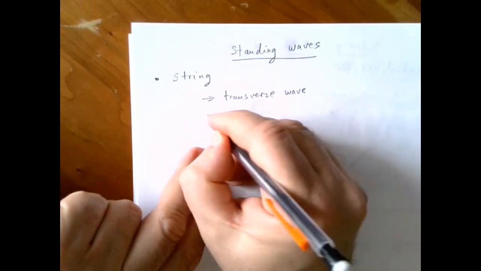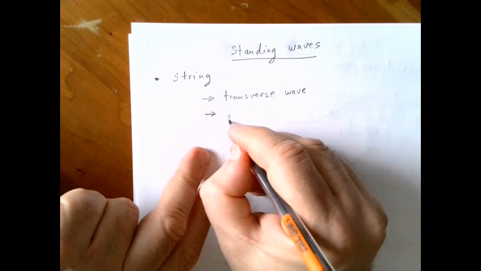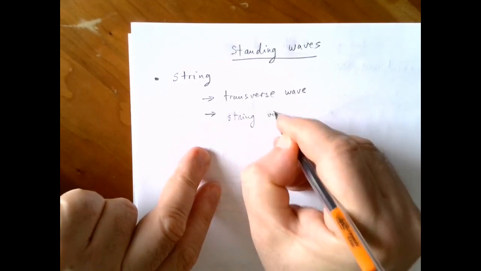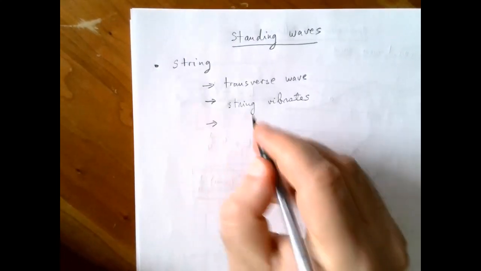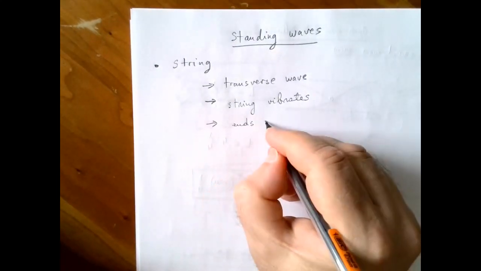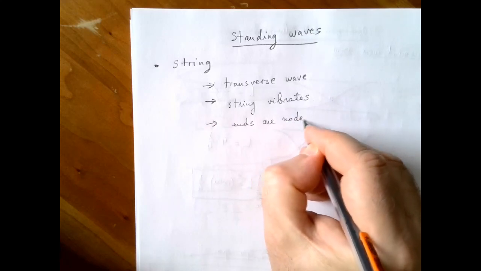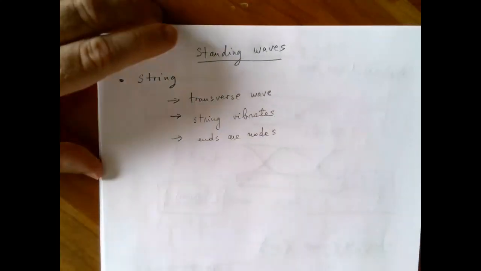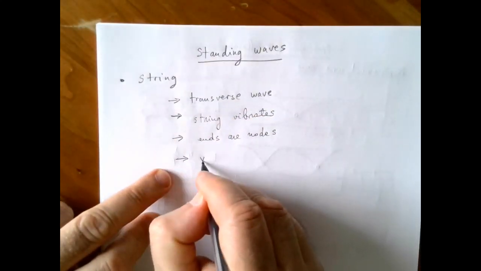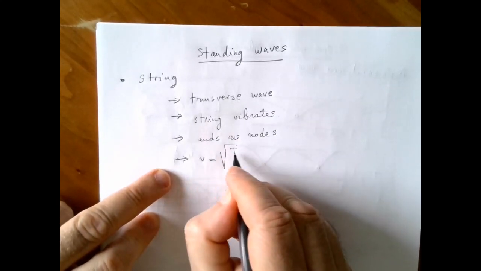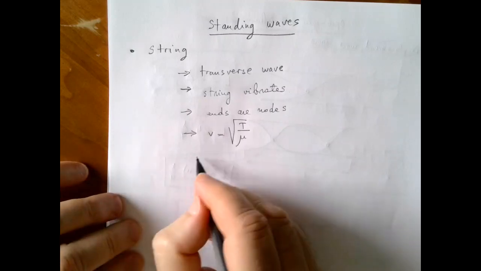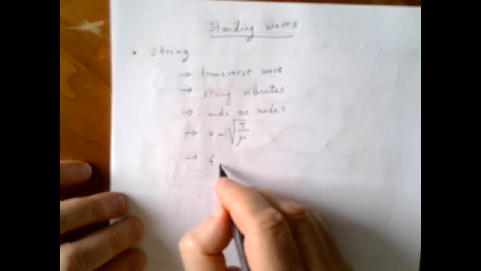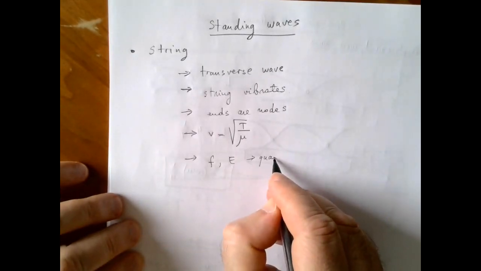Another characteristic was that the string vibrates. We saw that the ends are nodes. The speed of this standing wave is the square root of T over mu. And we saw in the end that the frequency and the energy are quantized.